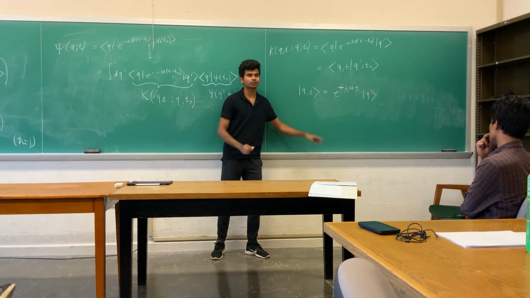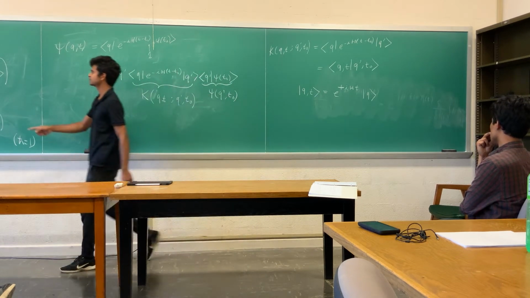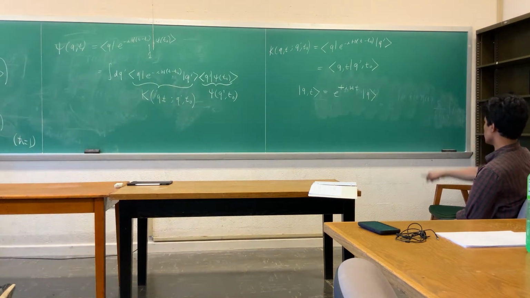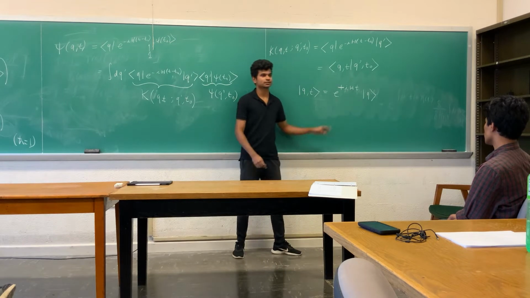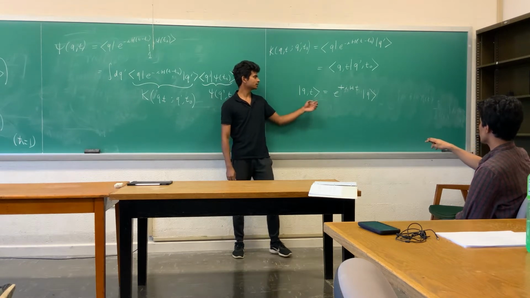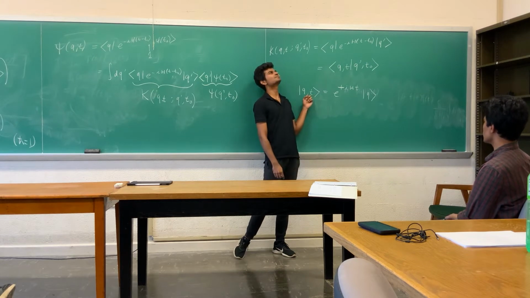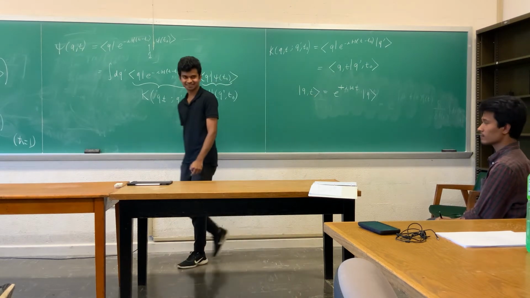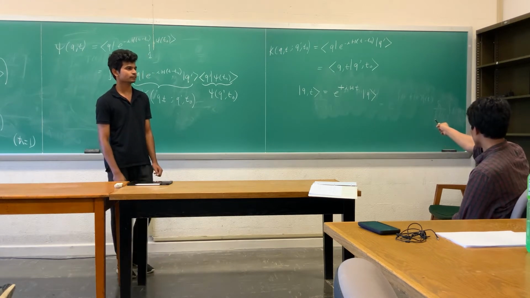Why is it plus and not minus? We wrote the time evolution of a state with e to the minus, right? Why are we writing the time evolution of the position state with the plus? Which one is the Heisenberg picture and which one is the Schrodinger? This is Heisenberg, and this is Schrodinger.